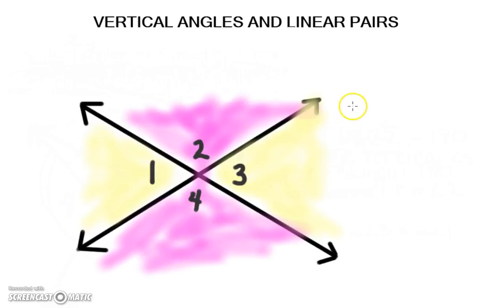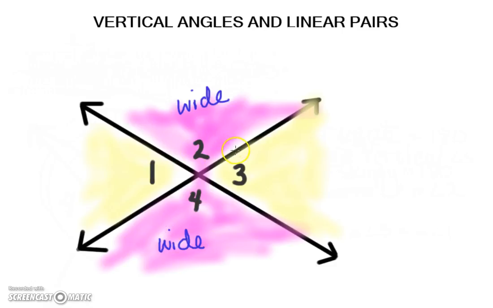All right, now in this picture we have two lines that are intersecting to make an X shape. But I want you to notice the pink and the yellow angles that I've kind of spray painted on this picture. If you were to look at this pink angle right here, would you call it skinny or wide? Me? I would call it a wide angle. Likewise, I would call this one a wide angle.